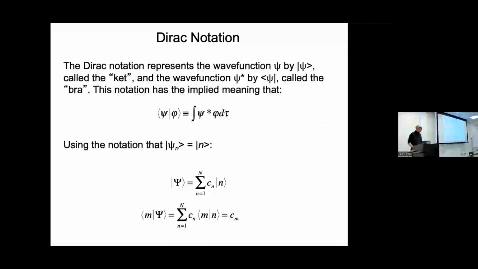I'll also get tired of writing these integrals all the time. So Dirac thought up a notation to represent the integrals in a much more compact fashion, in which the wave function here on the right is represented by the wave function with this kind of angle bracket, and the complex conjugate is represented by the reverse.